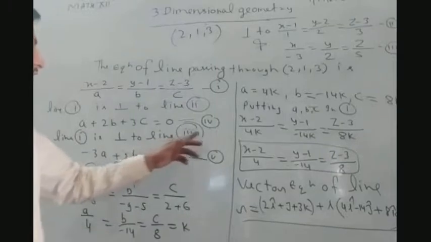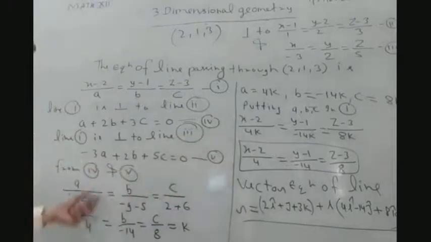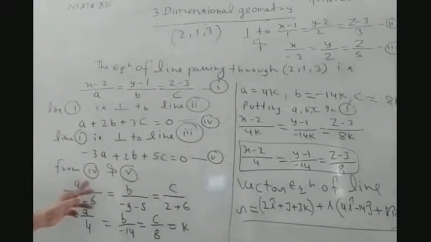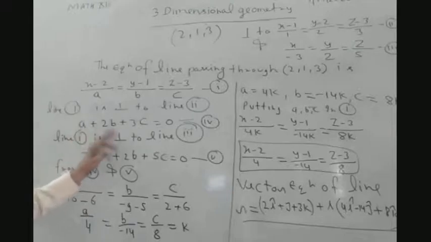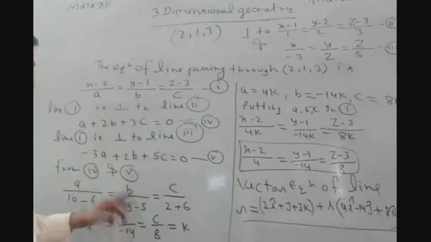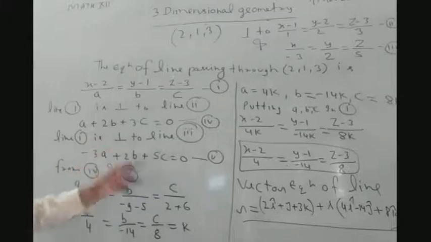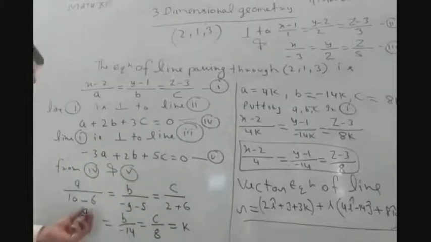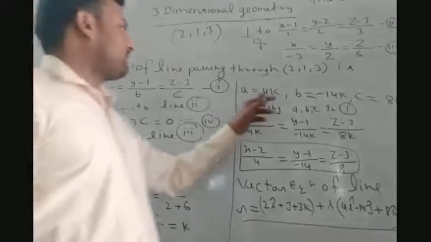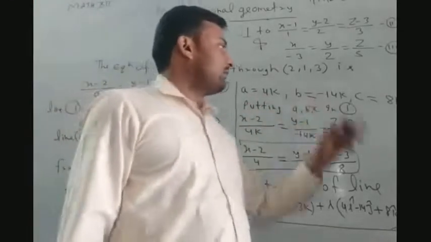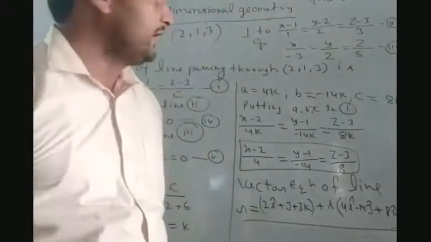Now we will solve equations number 4 and 5. After solving we get a by, this will be height, 10 minus 6, and b by, again this will be height, minus 9 minus 5, and c will be what? 2 minus minus 6, minus 1 is plus 6. So our a, b and c will be 4k, b is equal to minus 14k, c is equal to 8k.